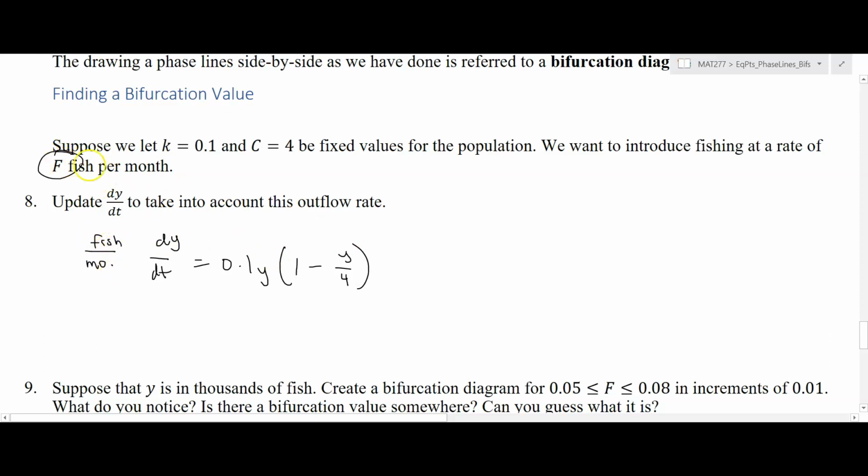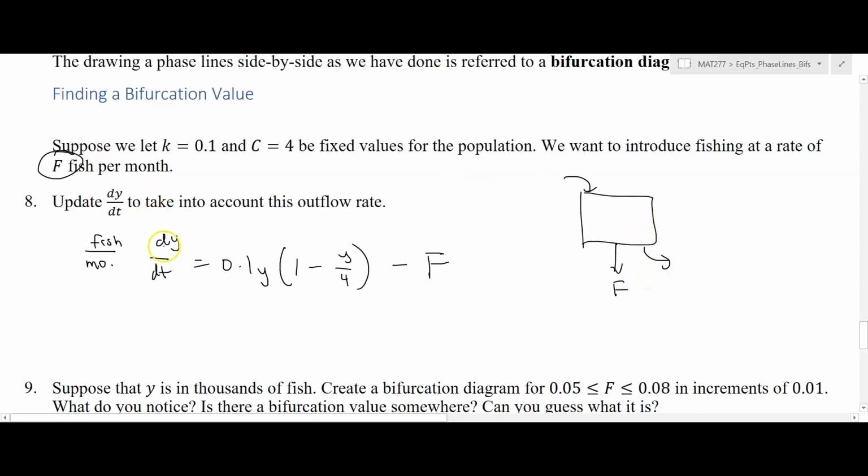And so if I wanted to take away f fish per month, that's going to represent a brand new outflow term, right? So here's our population. There's already some natural birth and death cycles given by this logistic model itself, but now I'm also going to have an independent extra drain in this tub at a rate of f fish per month.